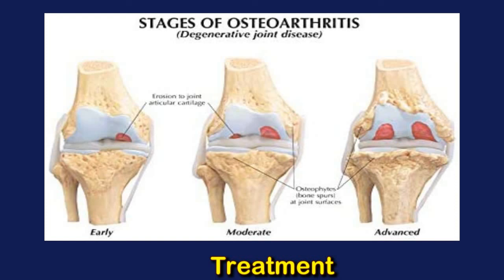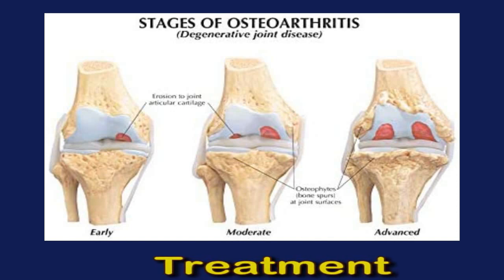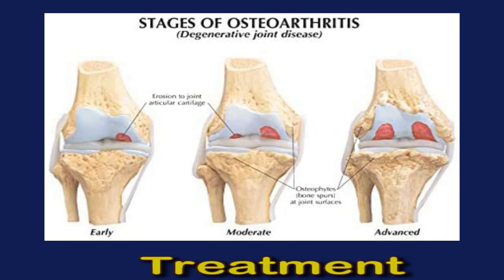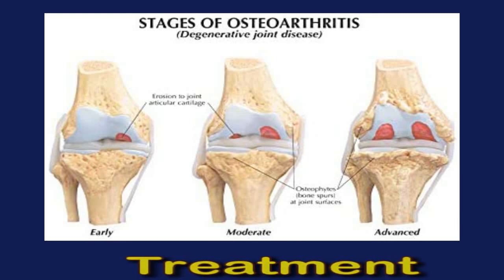Surgery. In well advanced cases or ones that do not respond to other treatments, surgery may be recommended. It is usually reserved for people who cannot function due to osteoarthritis, as surgery on the knee can be complicated.